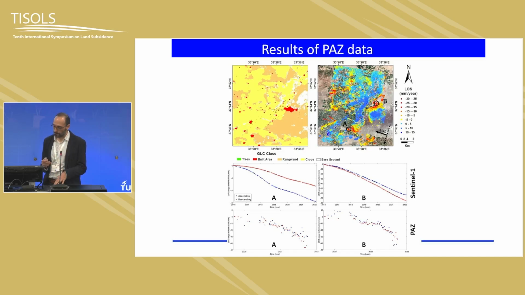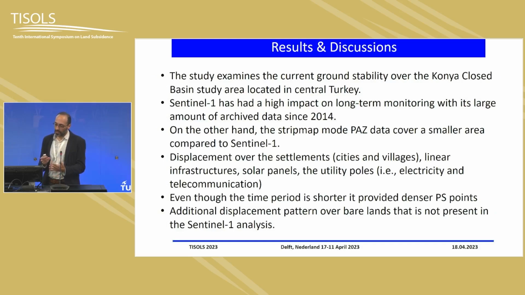data. And if you check the results discussion, we examined the current ground stability of this closed basin. Sentinel-1, of course, has a larger archive, so it is providing a bit longer term extraction of these movements.